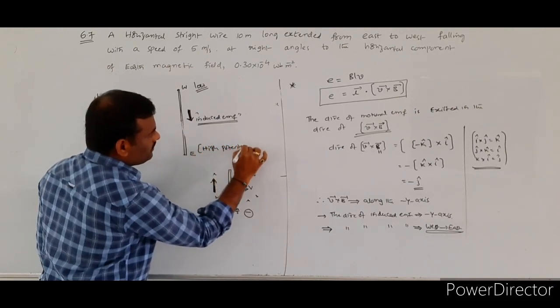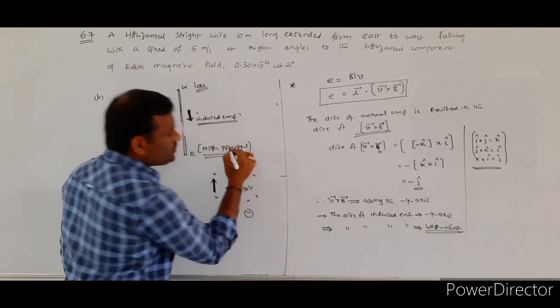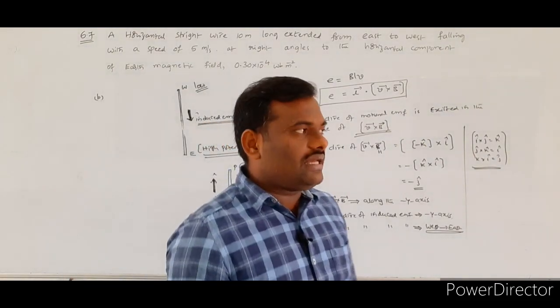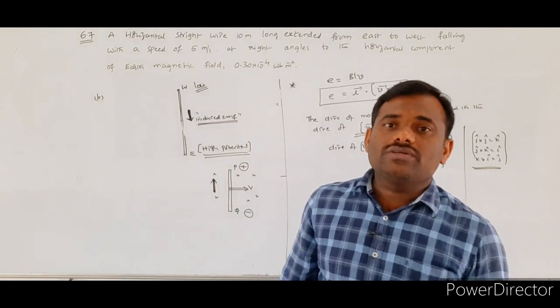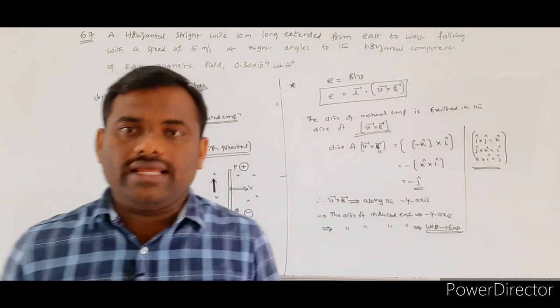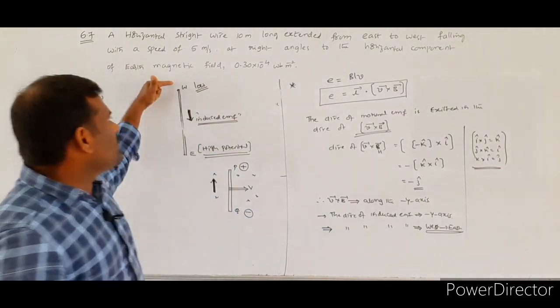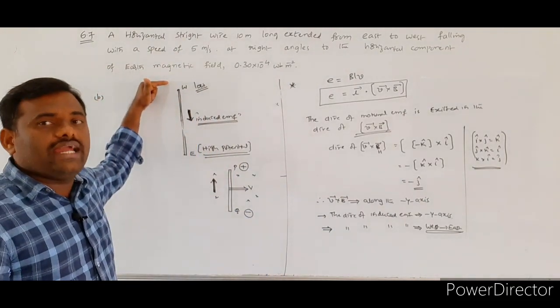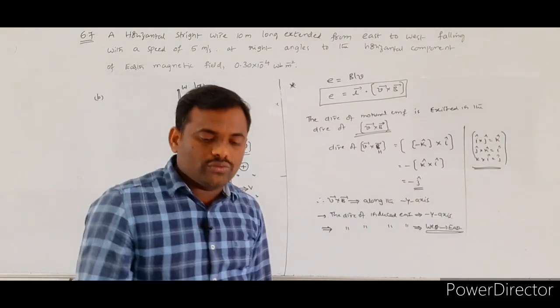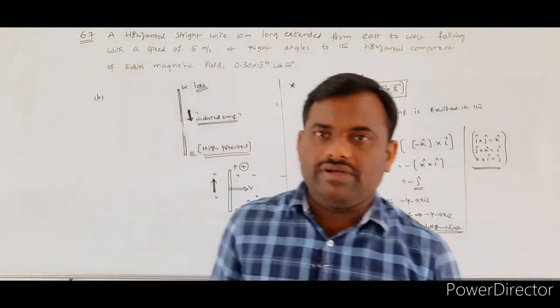East will be maintained at what potential? High potential. So the end towards the east will be maintained at the high potential region, and the end at the western side is maintained at the low potential. So this is numerical number 6.7.